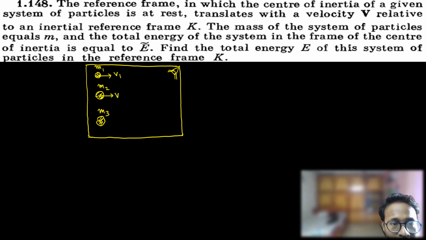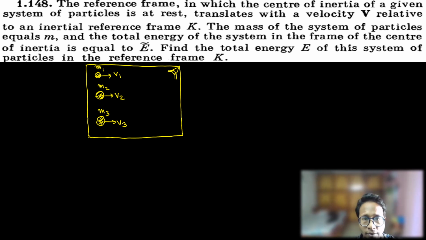What I'm doing out here is, these v1, v2, and v3 velocities of this particle are being observed by a CCTV out here. Understood? So the kinetic energy as observed by this frame is how much? Half m1 v1 square plus half m2 v2 square plus half m3 v3 square.